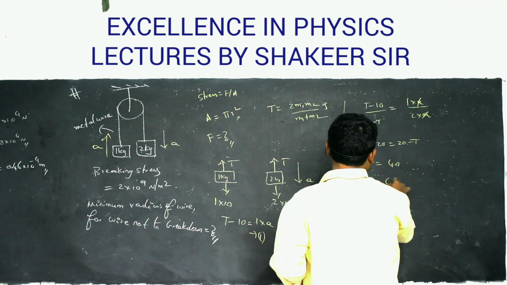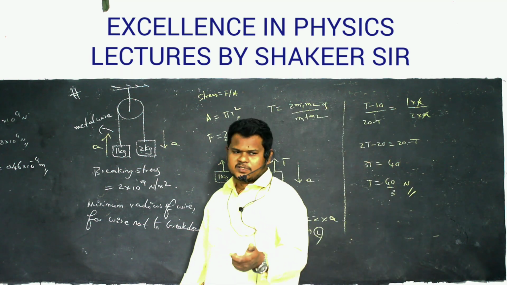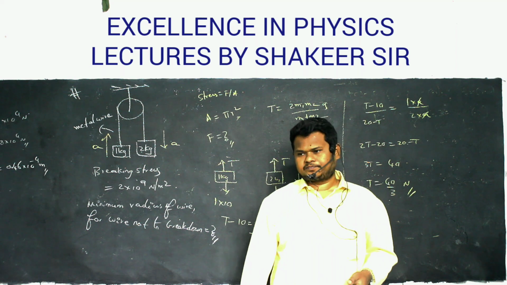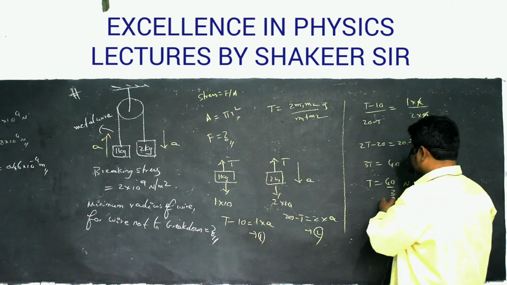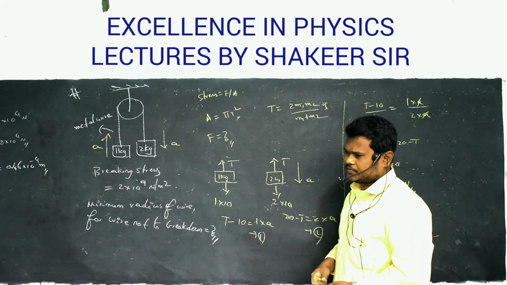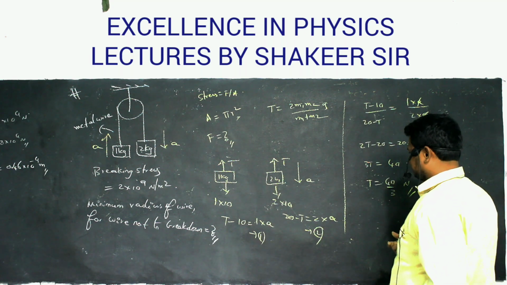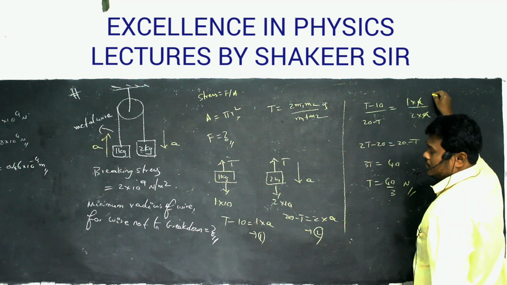So T is equal to 40 divided by 3 Newton. This much tension is developed in this wire. Are you able to understand? Tension is the same as before.